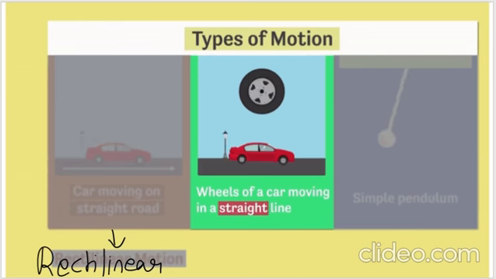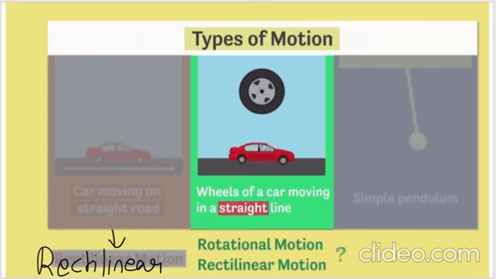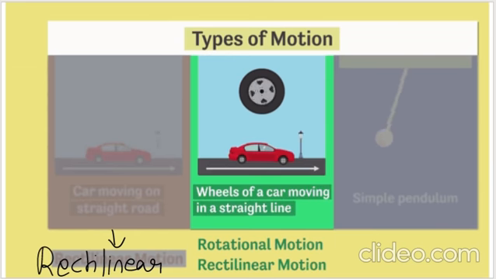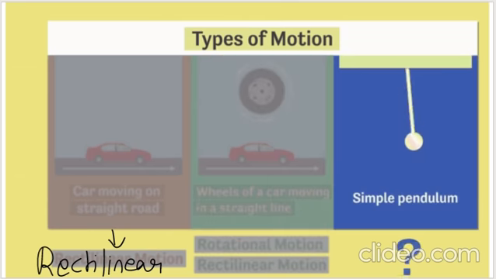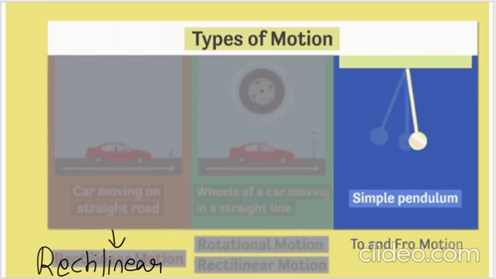The wheels are rotating, correct? So the car is in rectilinear motion, and the wheels are in rotational motion.